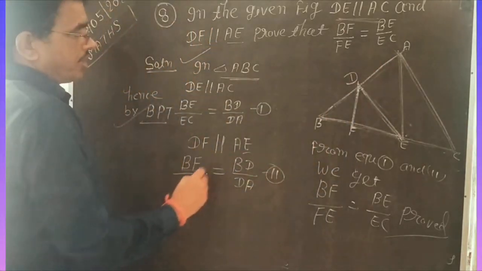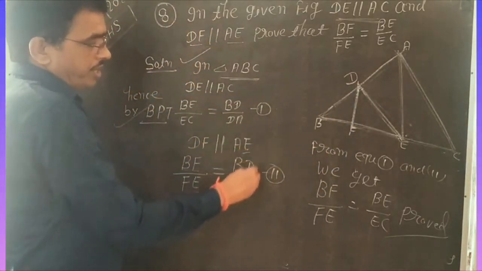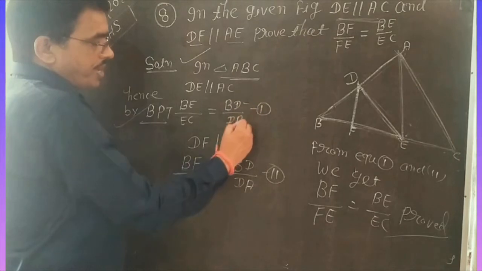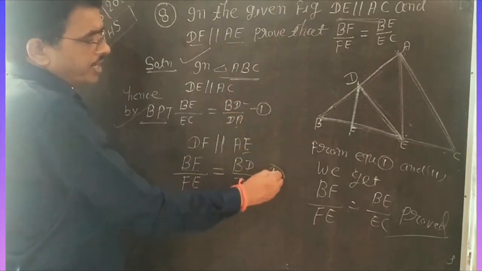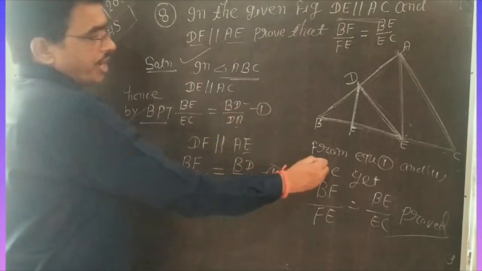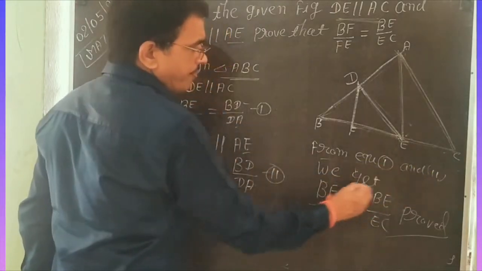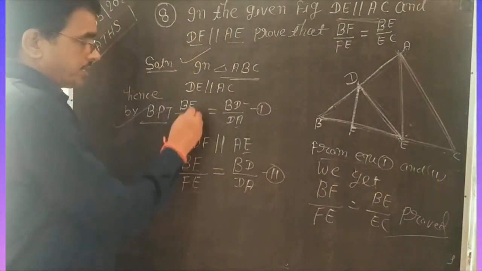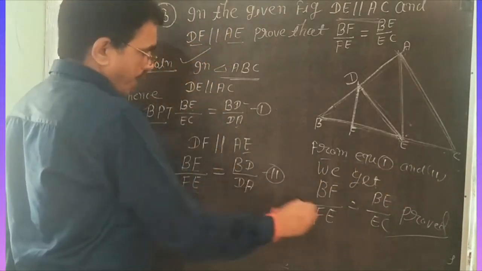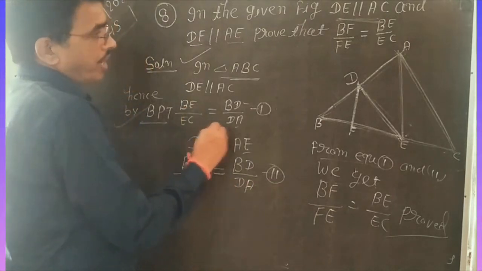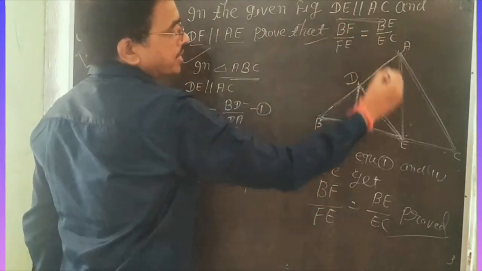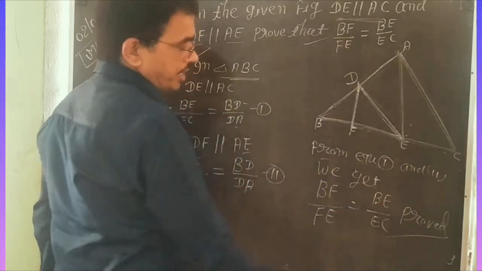Write this. But the RHS are equal in both equations. This is BD by DA and this is BD by DA. From the first and second equations, the LHS will be equal. So BF by FE is equal to BE by EC. That is your question, that is RHS. It is proved. That is the last question.